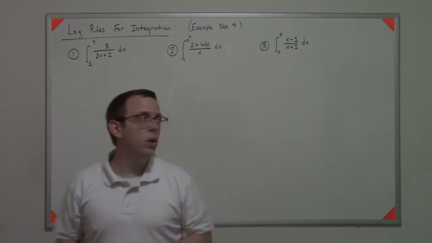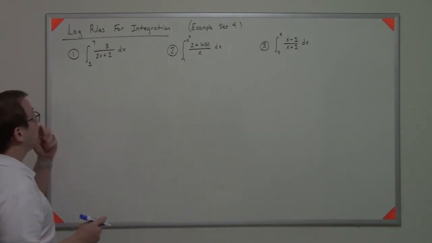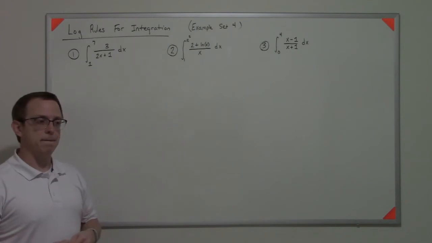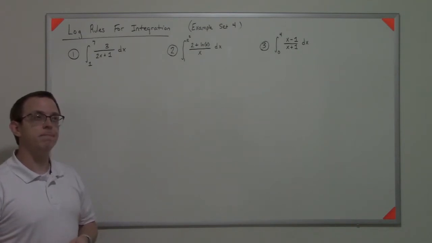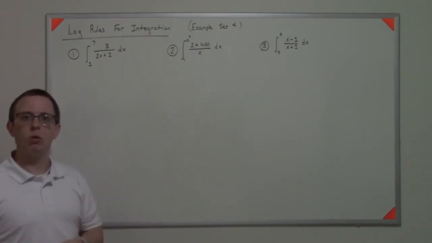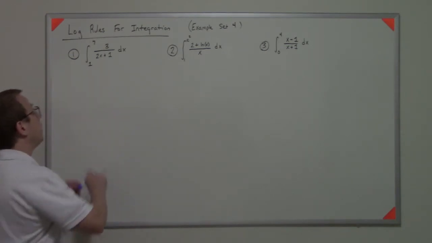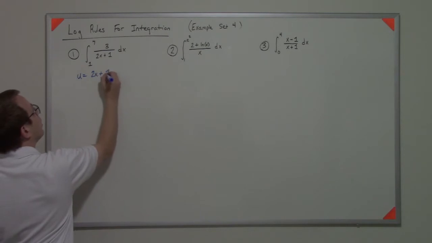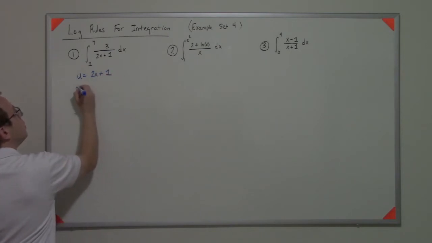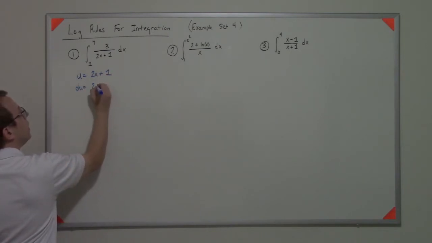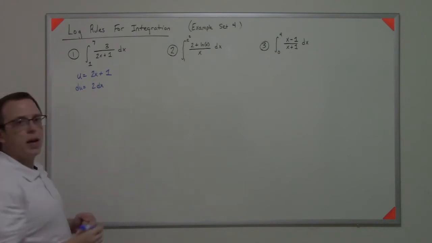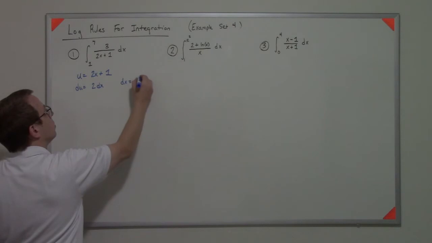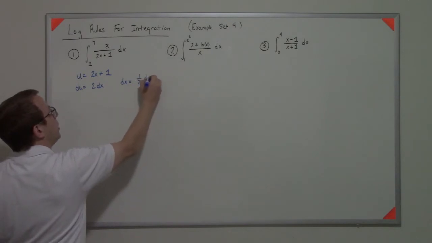So to do that, we're going to solve it just like we were doing it for an indefinite integral in terms of the substitution. So we're going to let u equal 2x plus 1. So du is 2 dx. So that also tells me that dx equals 1/2 du.